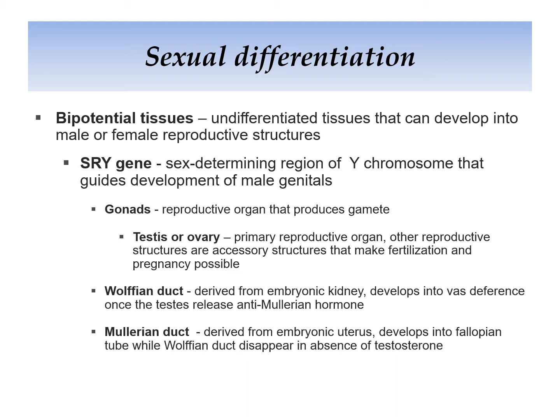The Wolffian duct, which is derived from the embryonic kidney, later develops into the vas deferens, and that's essentially how your semen is transferred into your penis. And then the Mullerian duct, which is derived from the embryonic uterus, develops into the fallopian tube.